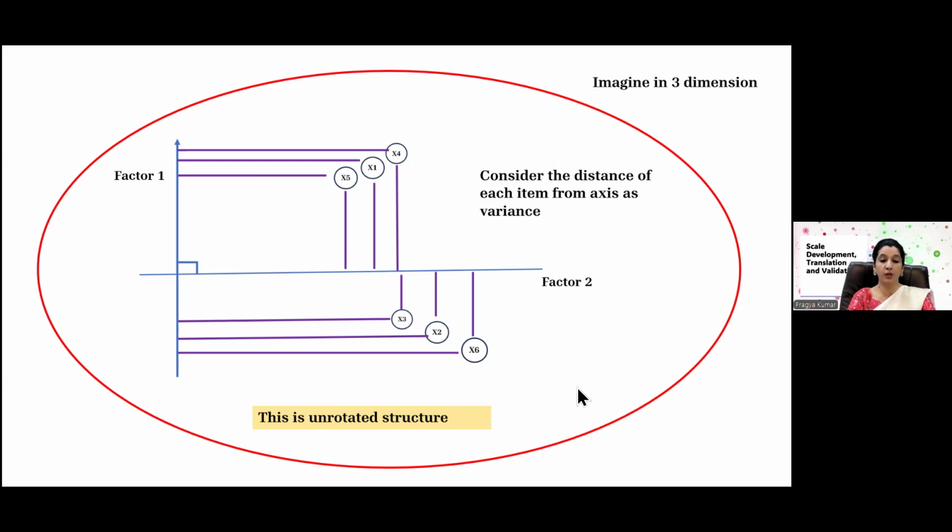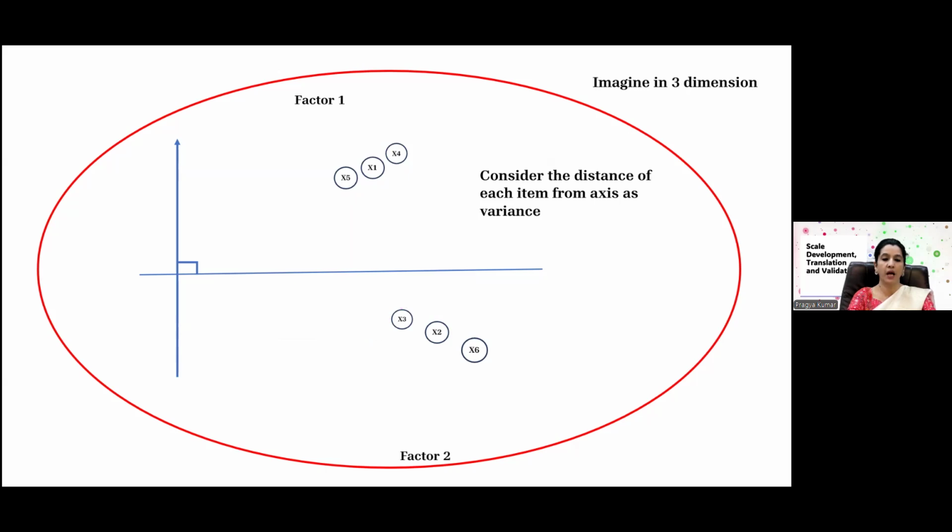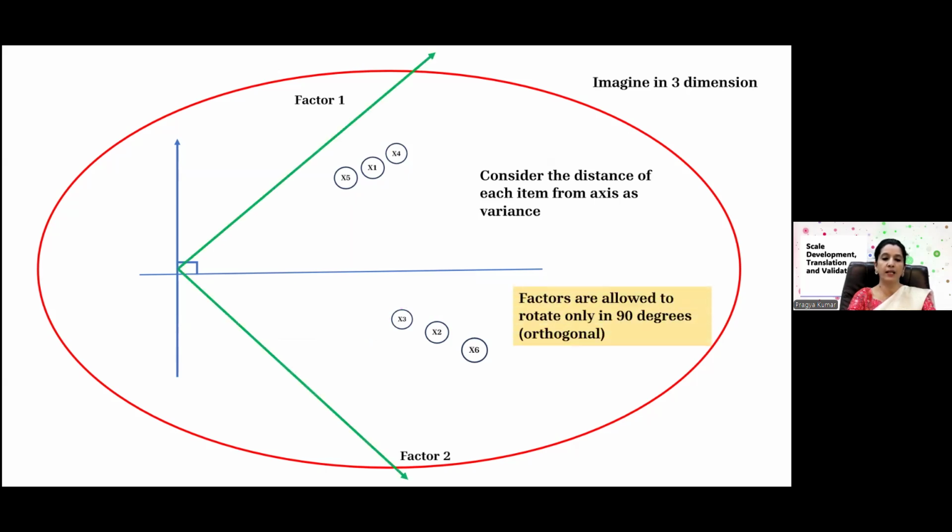This is your unrotated structure. Now, if you rotate this structure like this, you have rotated it by 90 degrees. Again, the angle between these two is 90 degrees. So you have rotated the factor structure, factor 1 and 2, where the angle between these two is again 90 degrees. Then you consider the distance, and again there will be some distance.